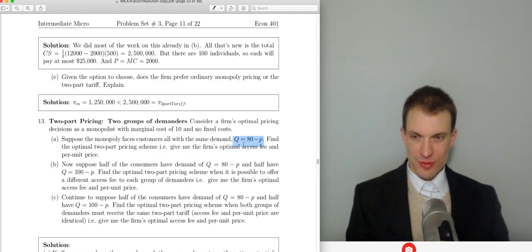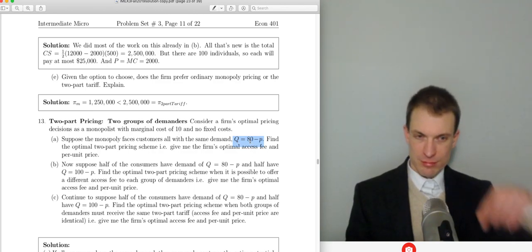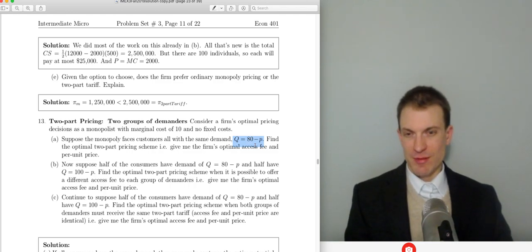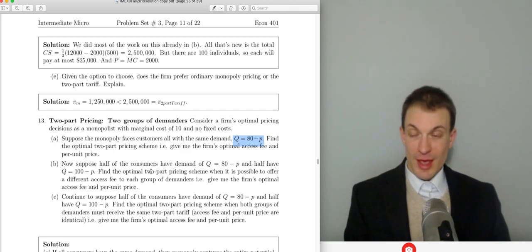The per unit price for part A is 10. Consumer surplus is going to be, well, 1/2 base times height. So price of 10, the vertical portion is going to be 70. Horizontal portion is going to be a quantity of 70. So it's going to be 1/2 times 70 times 70, which is 2,450. So we'll see that.